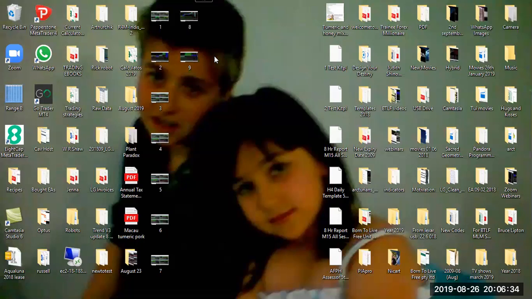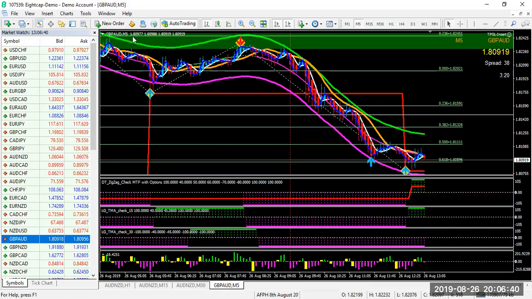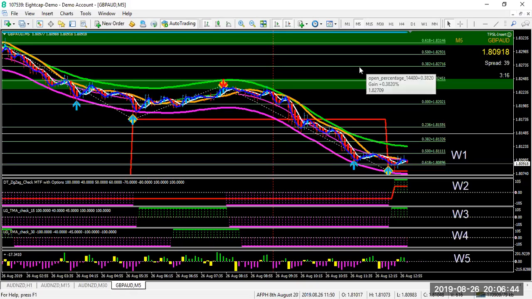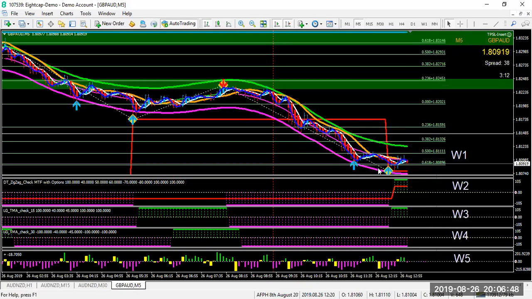It's just taking a little while to load up. Okay, so we have the pound Aussie up and going. I'll just refresh it and move up and down time frame to make sure I've got it. Yep.